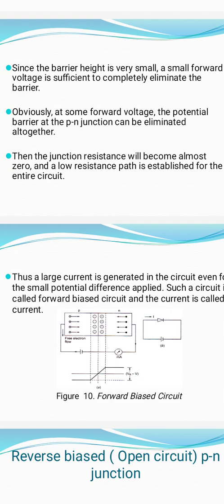Then bonds break, electrons move towards the p-type semiconductor and holes move towards the n-type semiconductor. Now combination of hole and electron pairs takes place. That's why the barrier width decreases.